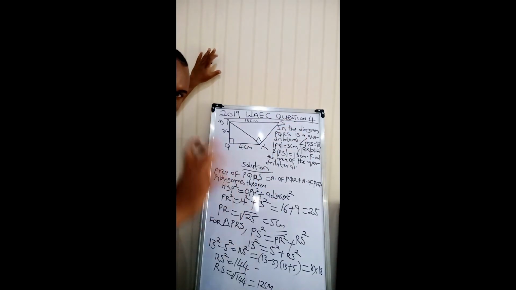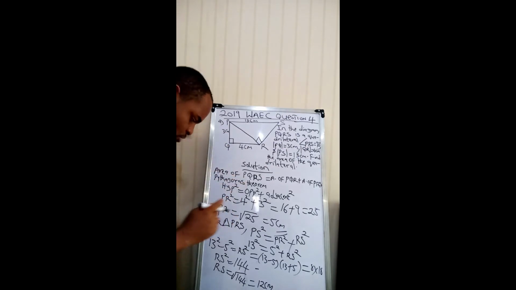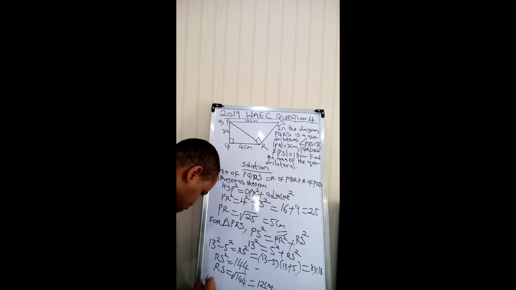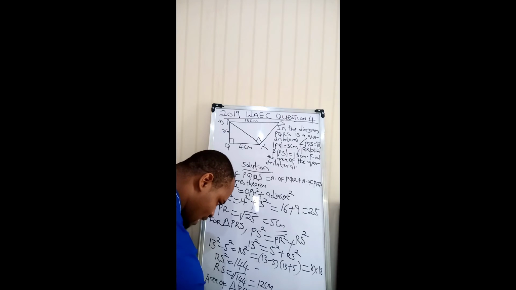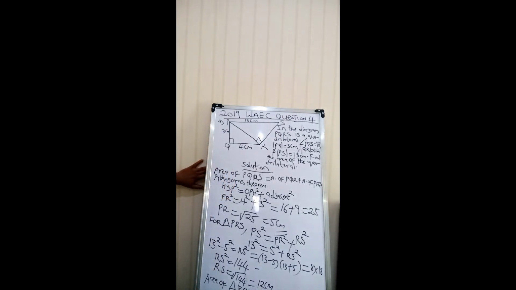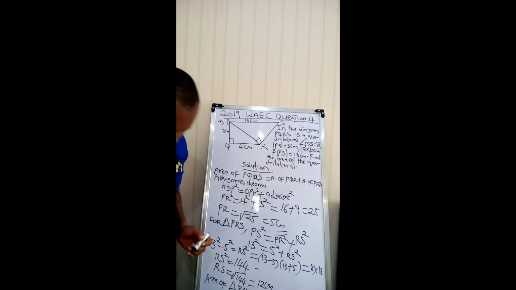And what is the area of a right angle triangle? Let's take this first one, PQR. Area of triangle PQR will be equal to half base times height. I hope you still remember these formulas. Alright, let me clean so you can see it properly.